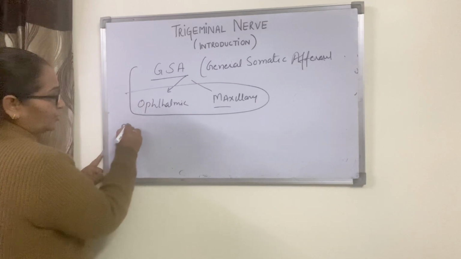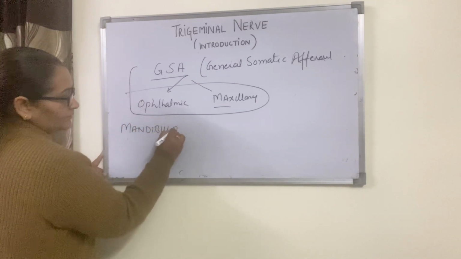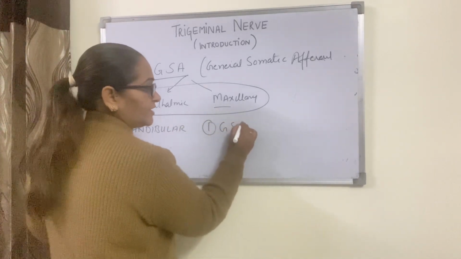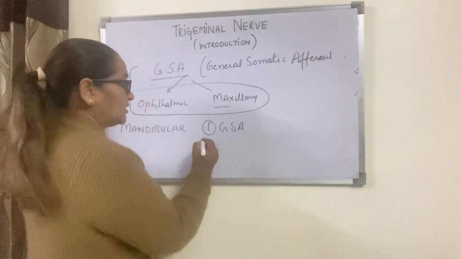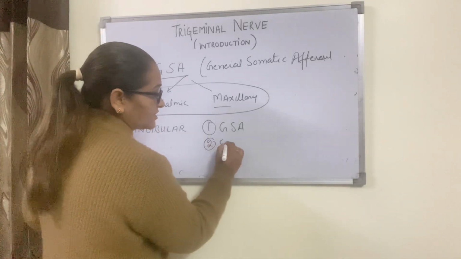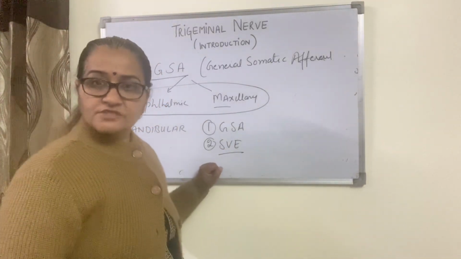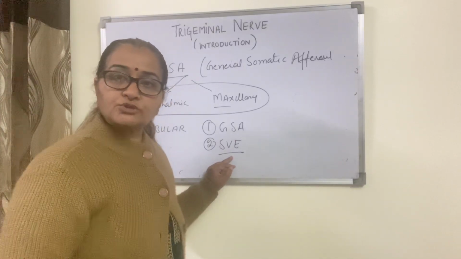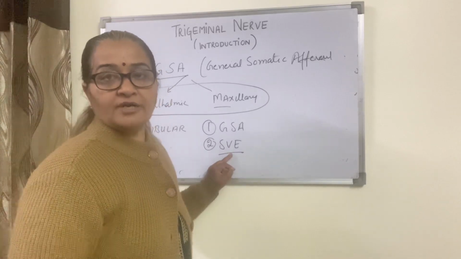Now for the mandibular division, there are two functional components. One is general somatic afferent again, which is carrying the general sensation from the lower part of the face. Then it has special visceral afferent. This mandibular nerve is the nerve of the first pharyngeal arch. So all the muscles arising from the mesoderm of that first pharyngeal arch are supplied by the mandibular nerve.